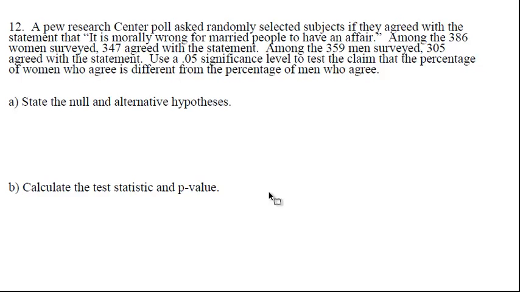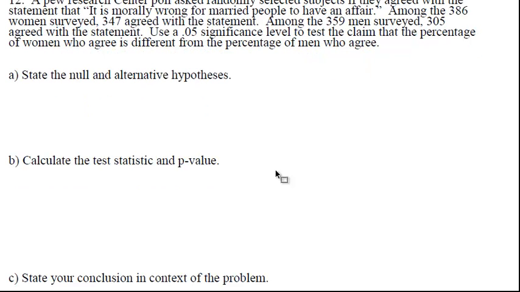Okay, so let's go ahead and state the null and alternative. Now we're getting back to a two-sample proportion, and so I want to make sure my null and alternative has the letter P in it because we're looking at proportions. And I like to use a subscript W and M or F and M, doesn't matter.